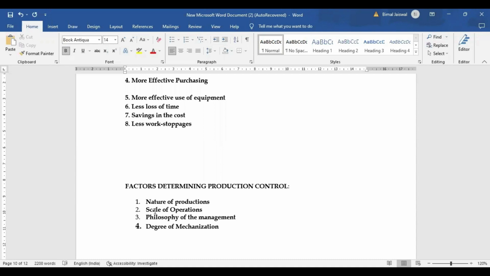Philosophy of the management. Management, they are the top people who are trying to have an interlink between all the activities of the company and the various functional groups. They will try to coordinate between marketing, finance, HR, and production activities.